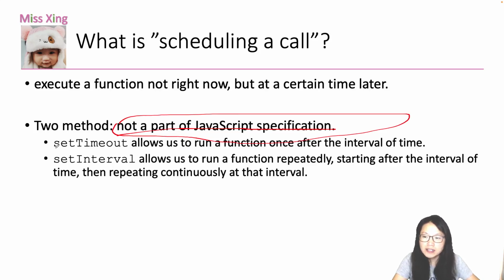The first one is setTimeout, which allows us to run a function once after an interval of time. It will only execute once after, like, 10 seconds or 1 hour.